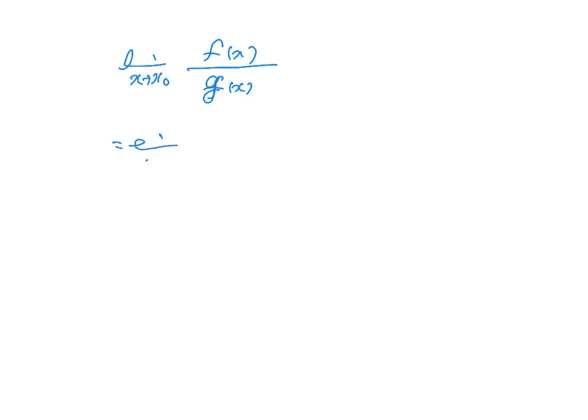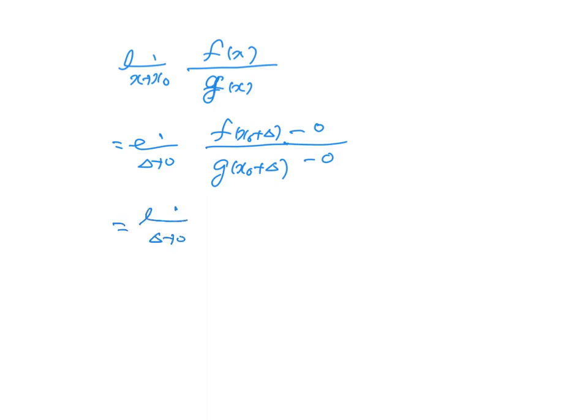Delta goes to 0, and then you subtract: f(x0 plus delta) minus f(x0), and g(x0 plus delta) minus g(x0).